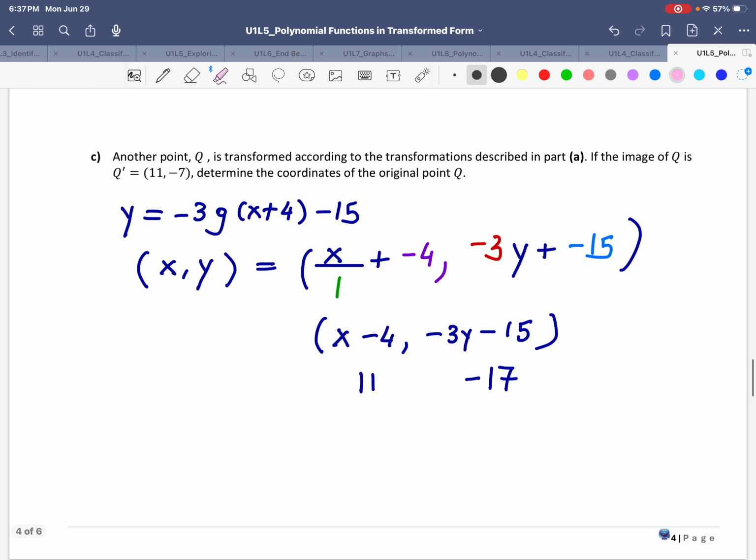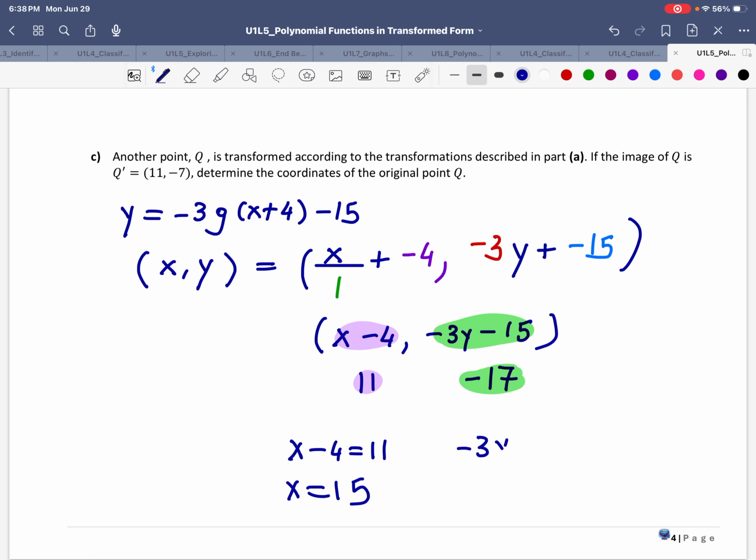So x minus 4 is 11, and negative 3y minus 15 is negative 17. So we'll have to solve each equation. Negative 3y minus 15 equals negative 17. Negative 3y equals negative 2. So y will be 2/3.